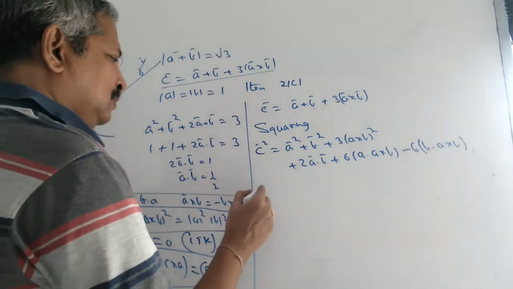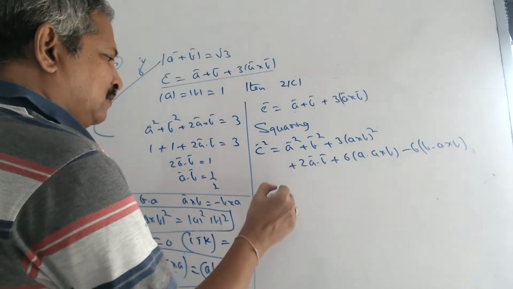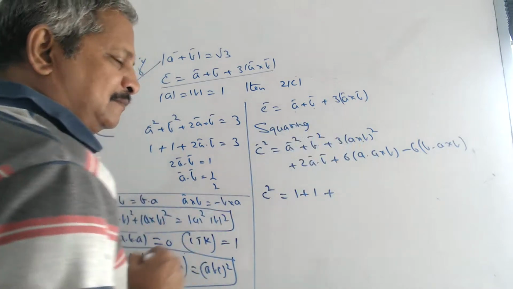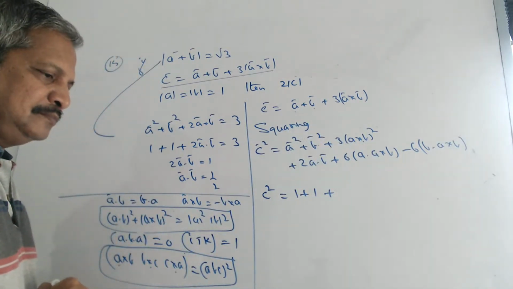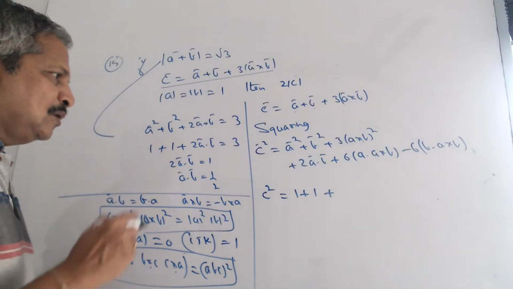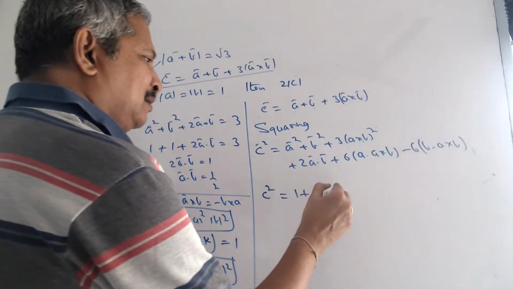Now, C square I don't know. A square is mod A square, unit vector, 1, 1, plus A cross B whole square. A cross B I don't know, so I will keep it as it is.